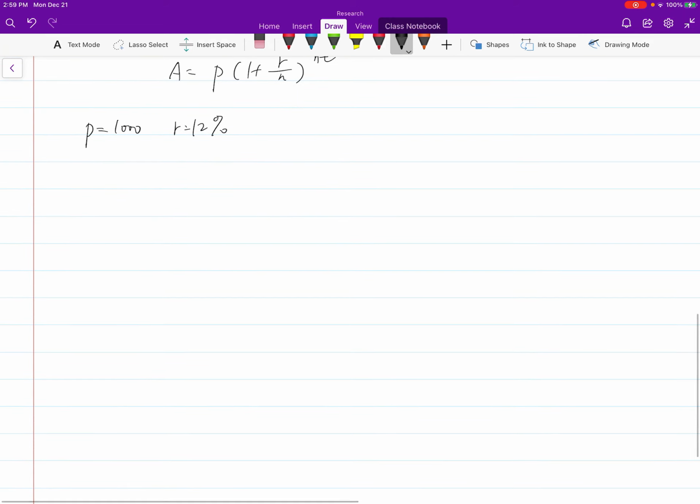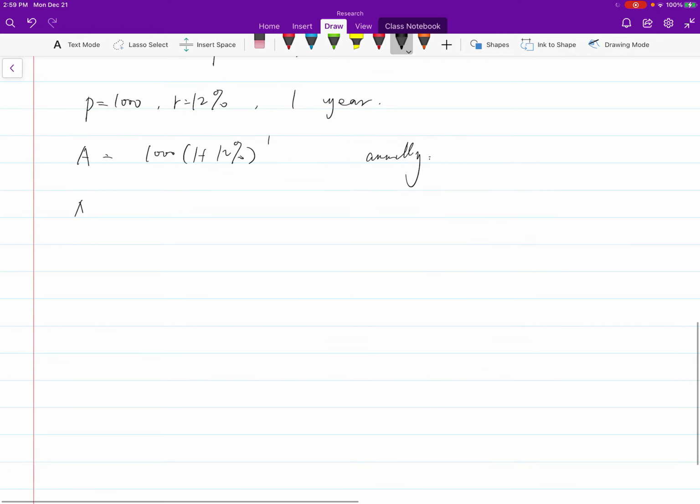Okay. Then we say how much money we receive really depends on how many times we compound. Okay. So let's just consider 1 year. So what we're going to get is 1,000 times (1 plus 12%) for once if you do it annually. Okay. We will get this much.